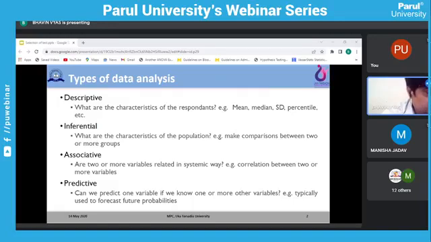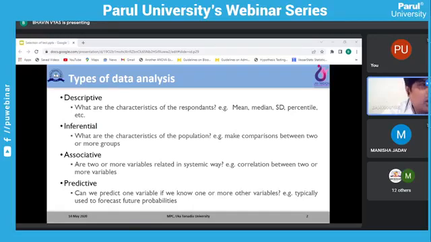The fourth one is known as predictive data analysis. Predictive data analysis is generally not that much used for UG, but in PG many students will be utilizing it, where we ask: can we predict one variable if we know one or more other variables? It is typically used to forecast the future probability.